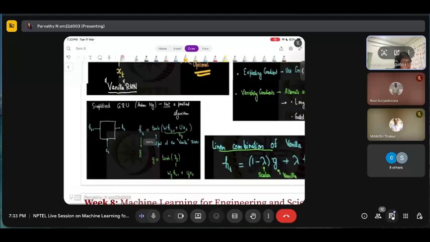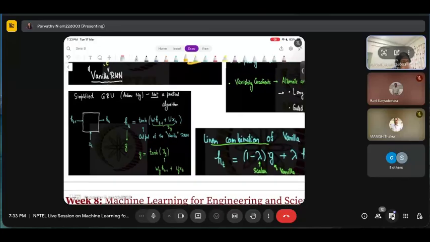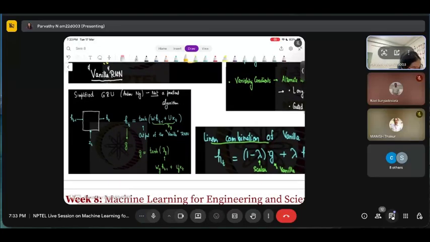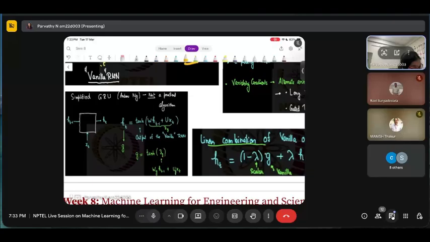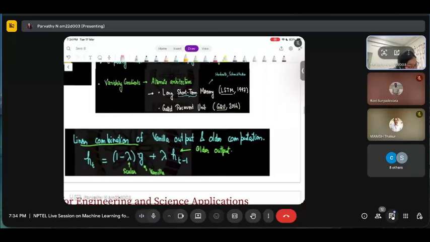Now for a simplified GRU, as mentioned in the lecture, you have this x as the input and ht minus 1 is the past output, the state that contains the past history. So we take the tanh of that and then we take a linear combination of this output and the older computation.